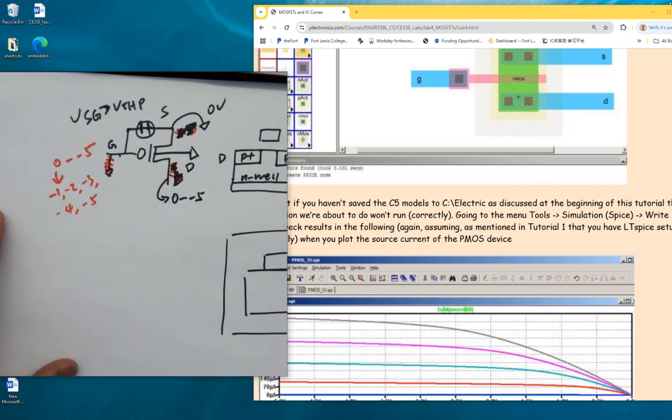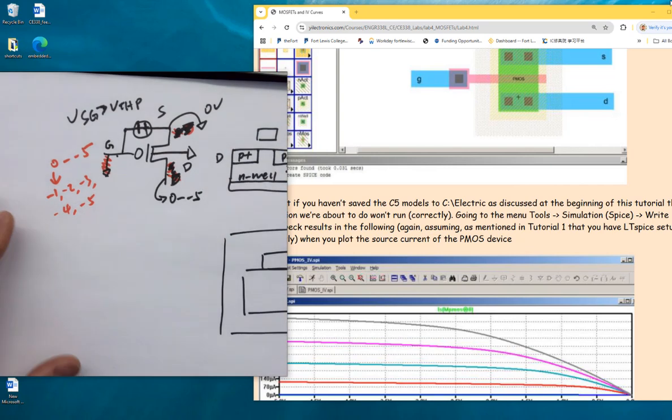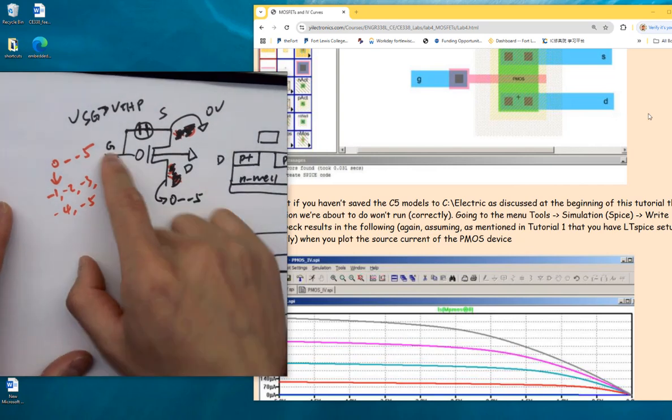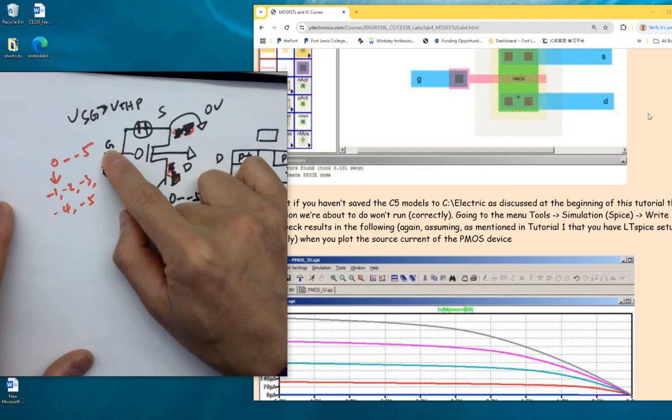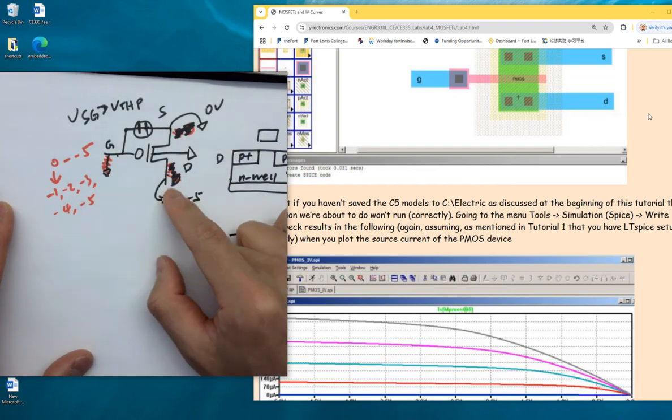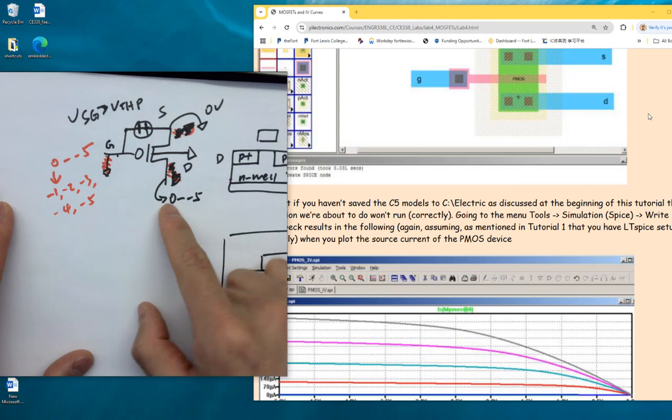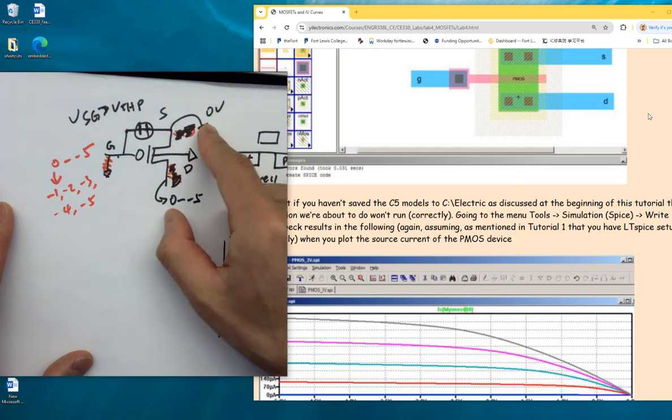So in the SPICE code, we can tell that for the PMOS in this layout, we do have a positive drop from S to G because the gate is negative, and we do have a positive drop from S to D as well because the drain is negative, even though S is 0.